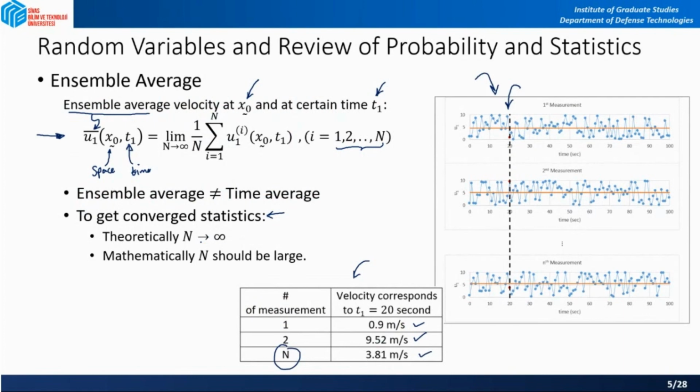For example, for hot wire measurements, it could be tens of thousands. For PIV, particle image velocimetry measurements, it could be several thousands. Depending on what kind of average you want, the average of only velocity, or for example kinetic energy as well, that makes a difference in the number of n. This is how we perform the ensemble averaging process.